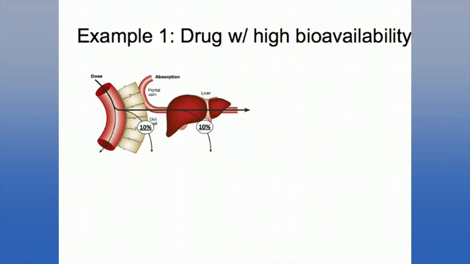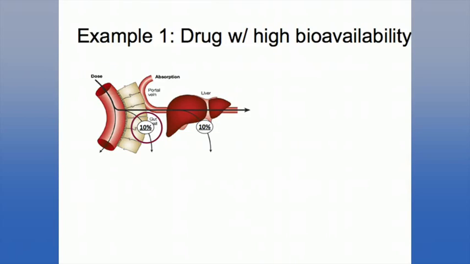So let's now start trying to tie all these concepts together. So remember, bioavailability is the concentration of the administered drug that ends up in circulation in an unchanged form. Okay? So here's your drug given by mouth. 10% of that drug undergoes biotransformation in the enterocyte.